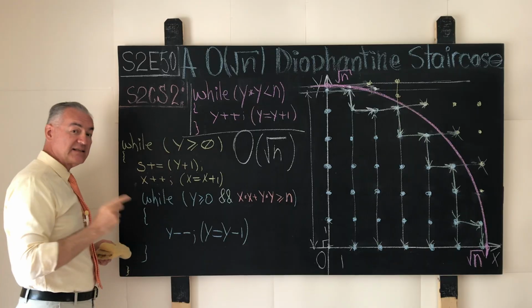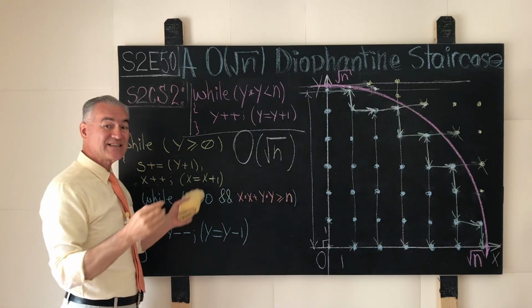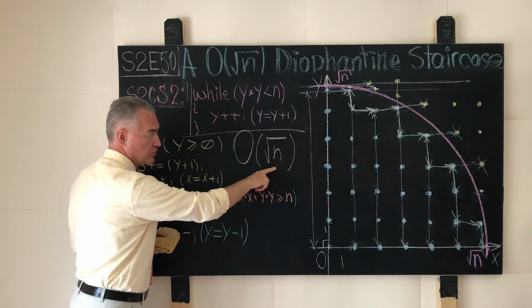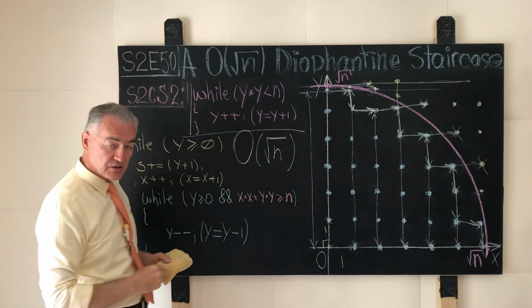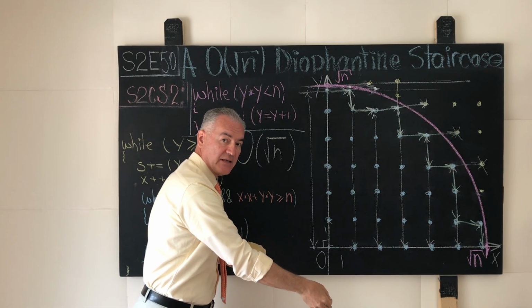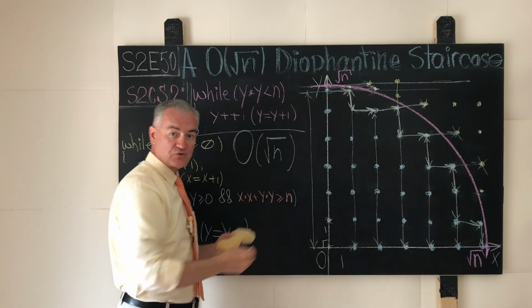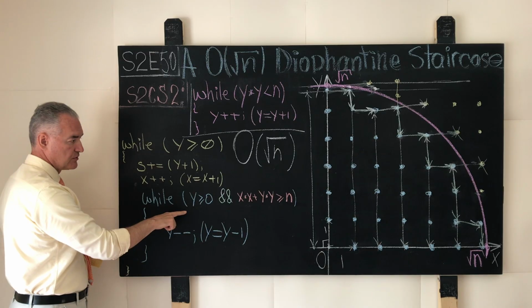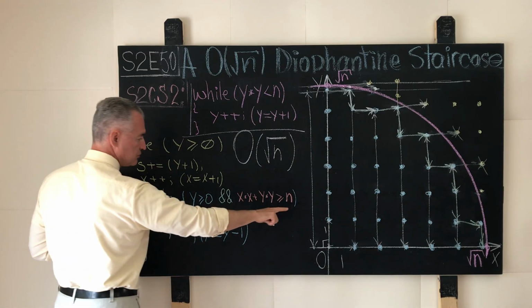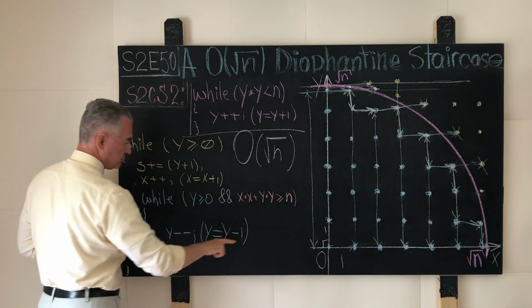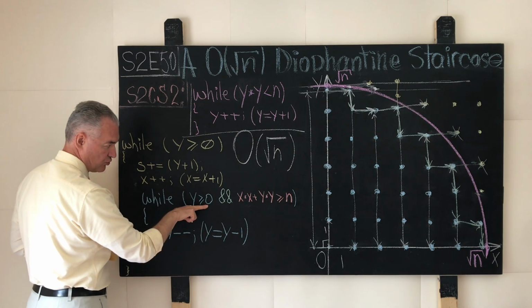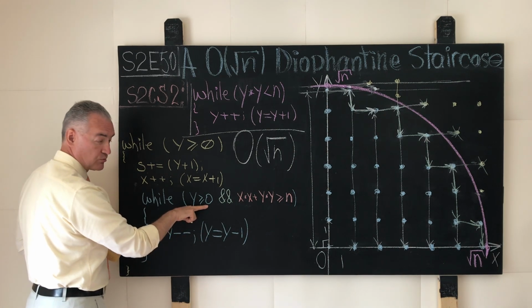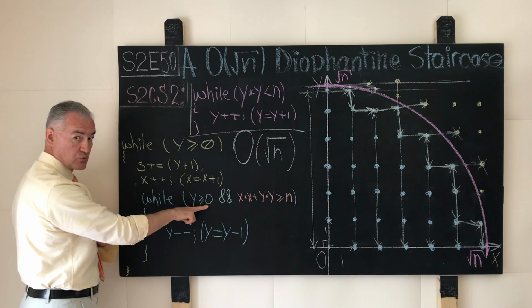But unlike the first algorithm, where we had a nested loop, and for each of square root of n iterations we had another square root of n iterations, which produced the product of square root of n's, here, what is the duration of this loop? Well, this loop over here, combined with this condition over here, is another square root of n.